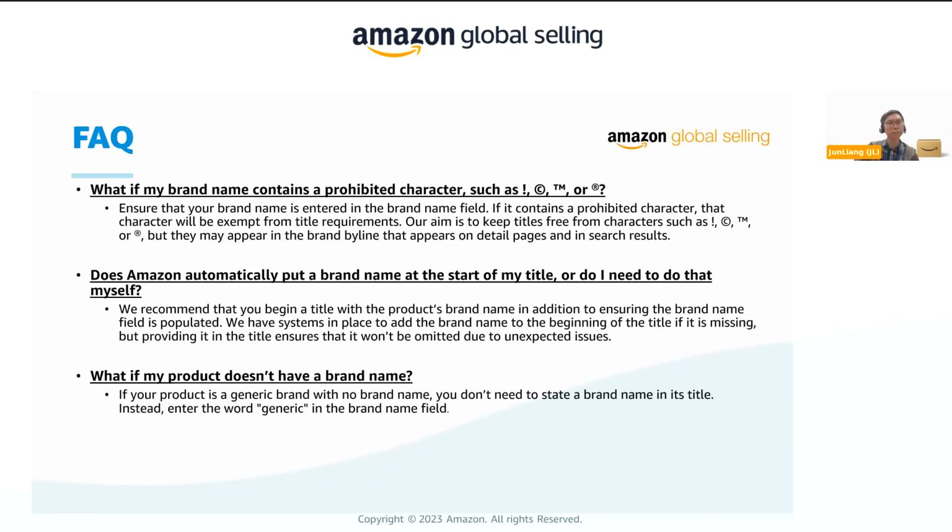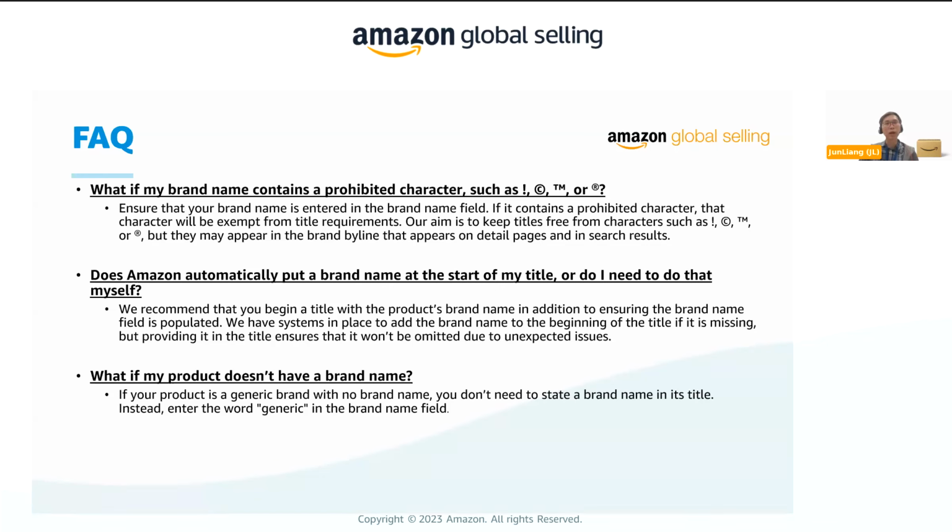Now, you might be thinking, what if I don't have a brand name? If your product is a generic brand, maybe you private label it or there's no brand name, you don't need to state a brand name in the title. It can be empty, and when you are putting up the listing, just ensure that you select that your product doesn't have a brand name, and put generic there.